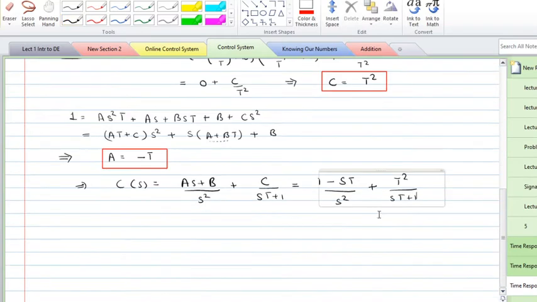If we expand this equation, we get 1 by s square minus T by s plus T times 1 by (s plus 1 by T).